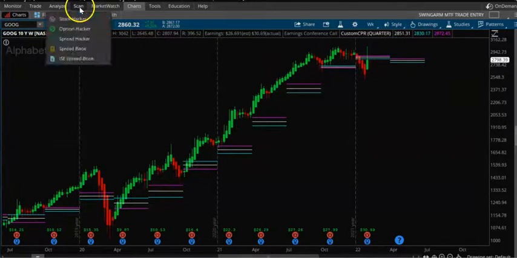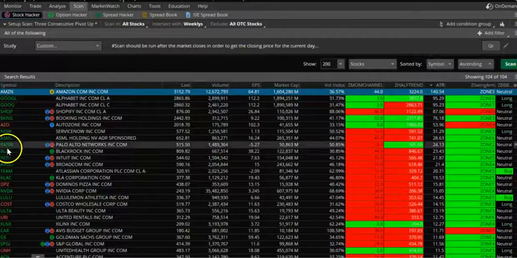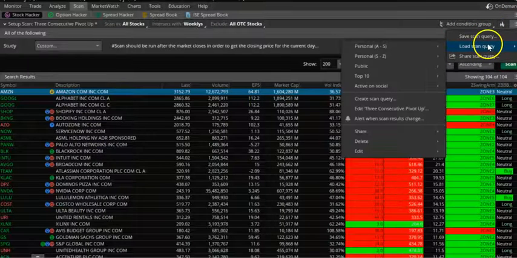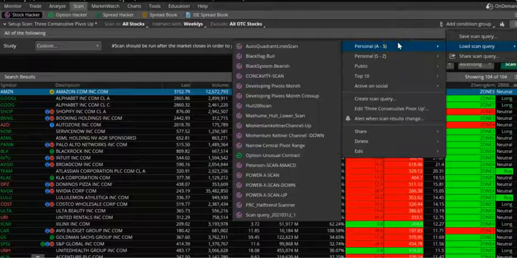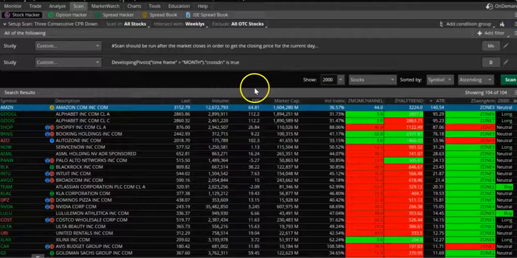Okay, let's do the same thing on a downtrend, right? Let's go to load. 3 consecutive CPR down. So we are looking for a downtrend.